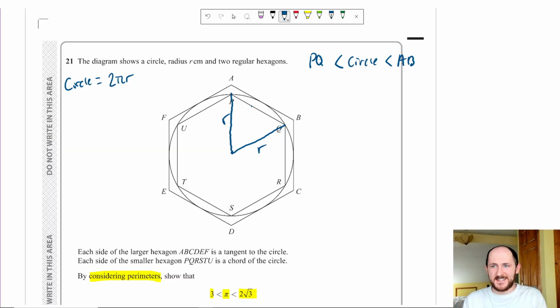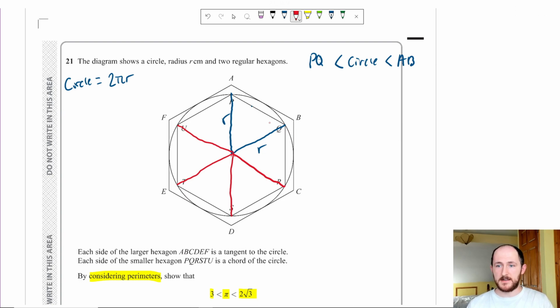You do this in every single circle question that they ever give on the last question: you break it up. Now we have 2 radii. The interesting thing is, and I'm going to remove these other lines, if I keep doing this around the whole thing, I get 6 equilateral triangles.